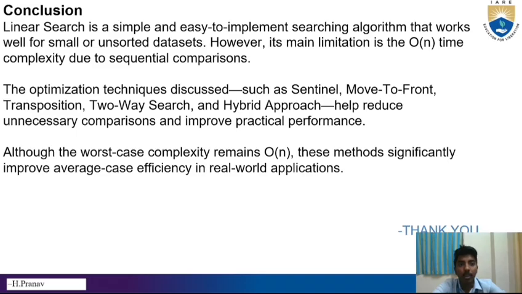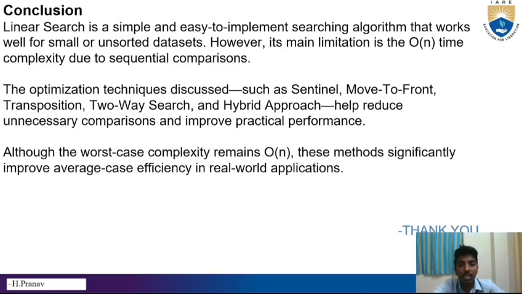Coming to the conclusion, linear search is a very simple and easy to implement searching algorithm that works well for small or unsorted data sets. However, its main limitation is the time complexity, due to sequential comparisons on large datasets.